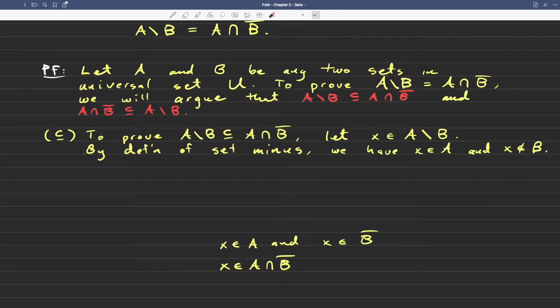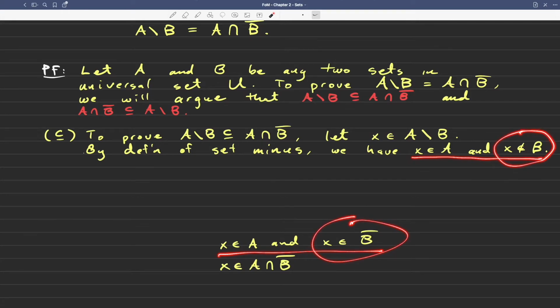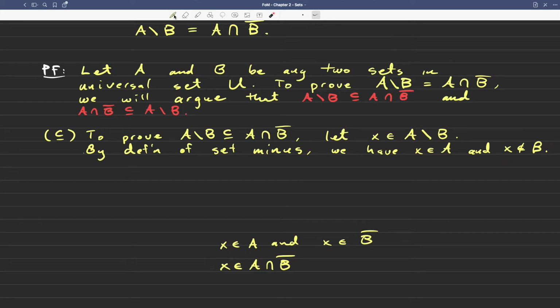Okay, so now I'm eyeballing what I know now and what I'm trying to arrive at down here. Well, I've got X is in A, that's great. I need X is in B complement. But check it out. X is not in B is exactly the membership condition to be in B complement. The definition of B complement is the set of elements in the universe with the property that the element is not in B. So I know that I've got X is not in B, and I also know that X is in the universe.